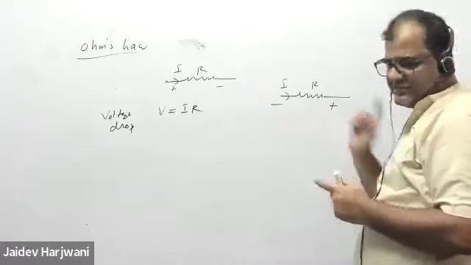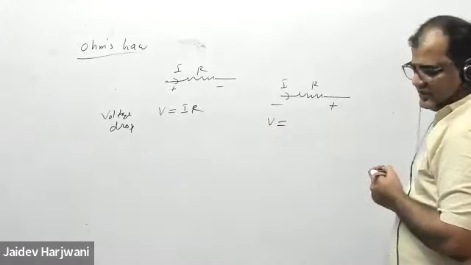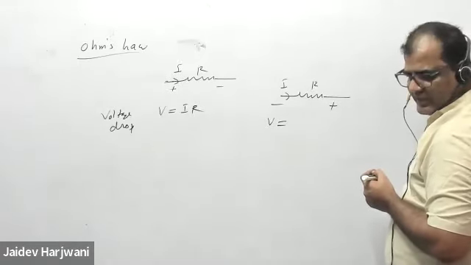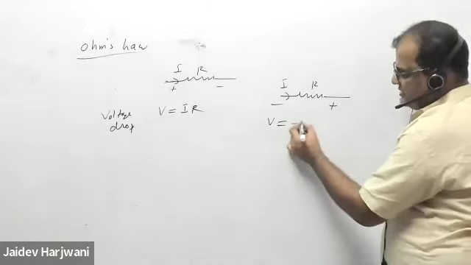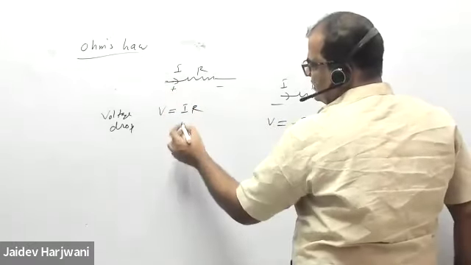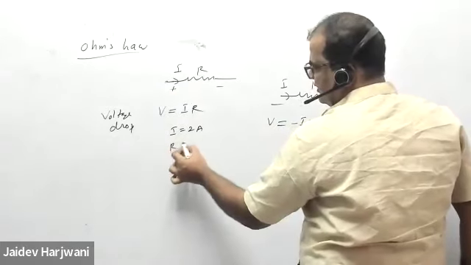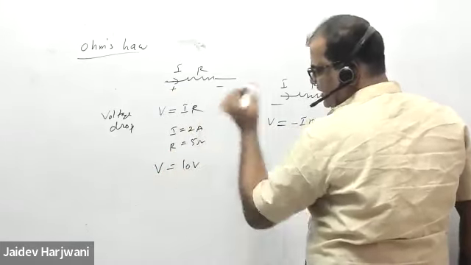So here V will be, tell me, what? Minus IR. Suppose I is 2 ampere and R is 5 ohm. Now the voltage drop will be 10 volt here.